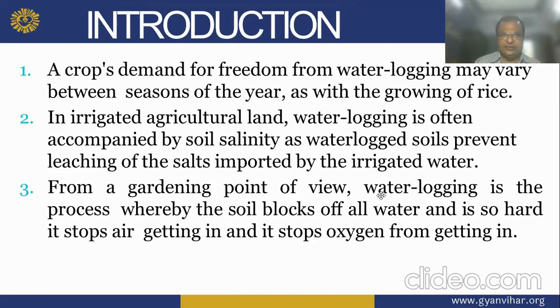A crop's demand for freedom from waterlogging may vary between seasons, with the growing of rice being an exception. In irrigated agricultural land, waterlogging is often accompanied by soil salinity, and waterlogged soil prevents the leaching of the salt imported by the irrigation water.